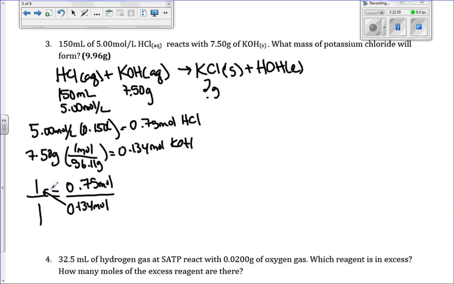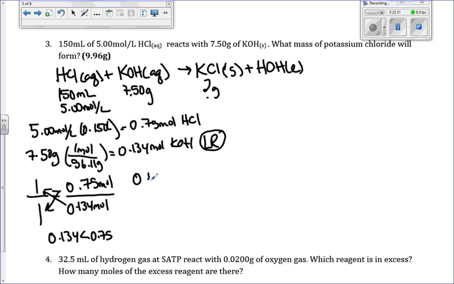When we look at the rate that the reaction will occur at, we see that 0.134 is less than 0.75. That means that potassium hydroxide is going to be the limiting reagent. So we can take these moles of potassium hydroxide and follow through regular stoichiometry to calculate out the mass of potassium chloride.